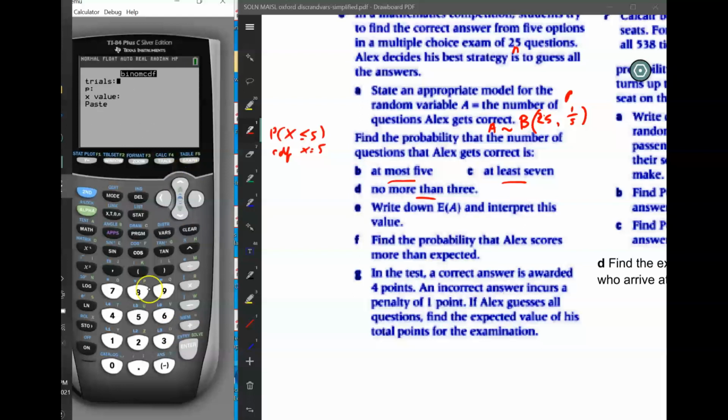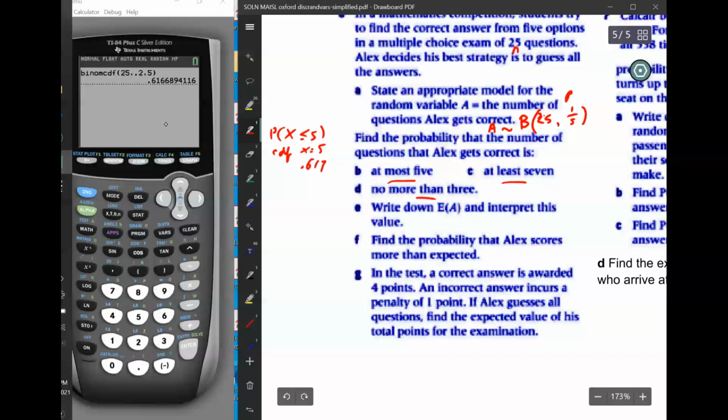And then we're going to put an n value of 25 and a p value of 1/5, which is 0.2. You could put 1/5 also. And the x value is 5. And the answer is 0.617. So that was the answer for B.